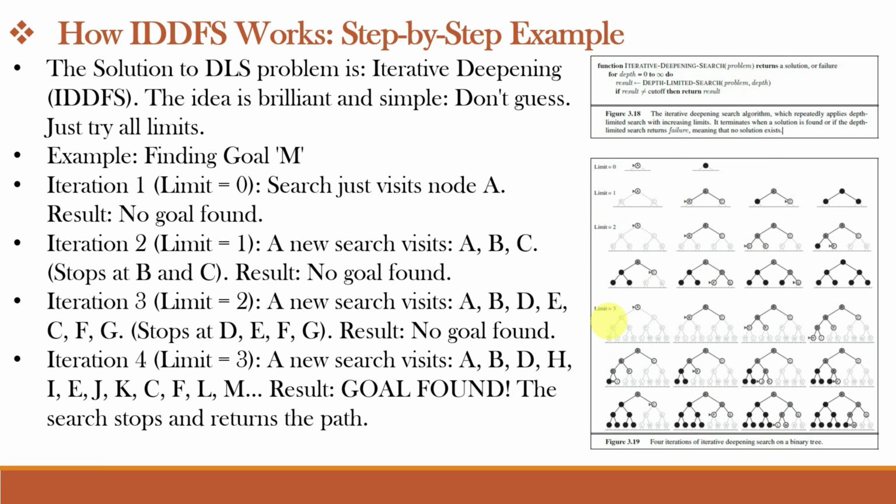Finally, with limit L equal to 3, a new search begins. It moves A, B, D, H, I, E, J, K, C, F, L and M, and this time it reaches M. As soon as M is found, the search ends and reports success.